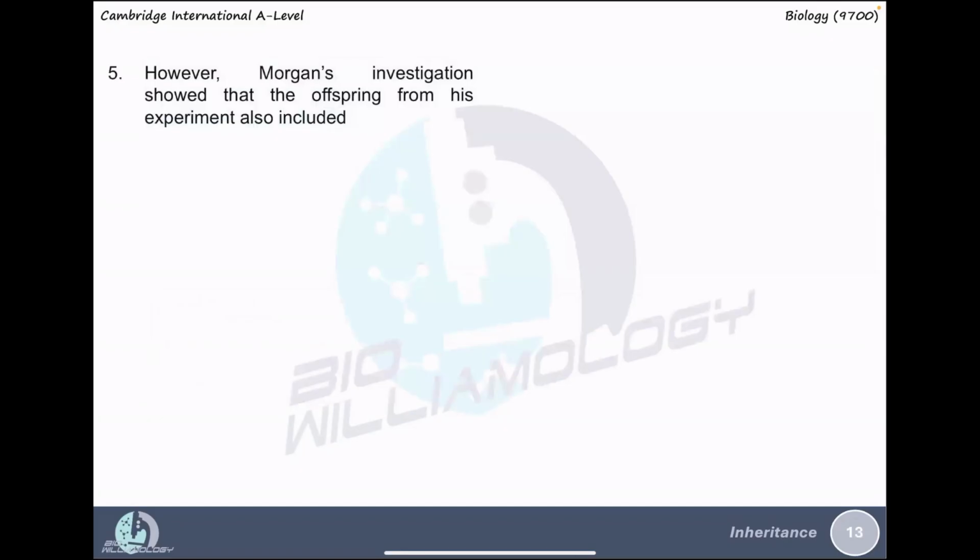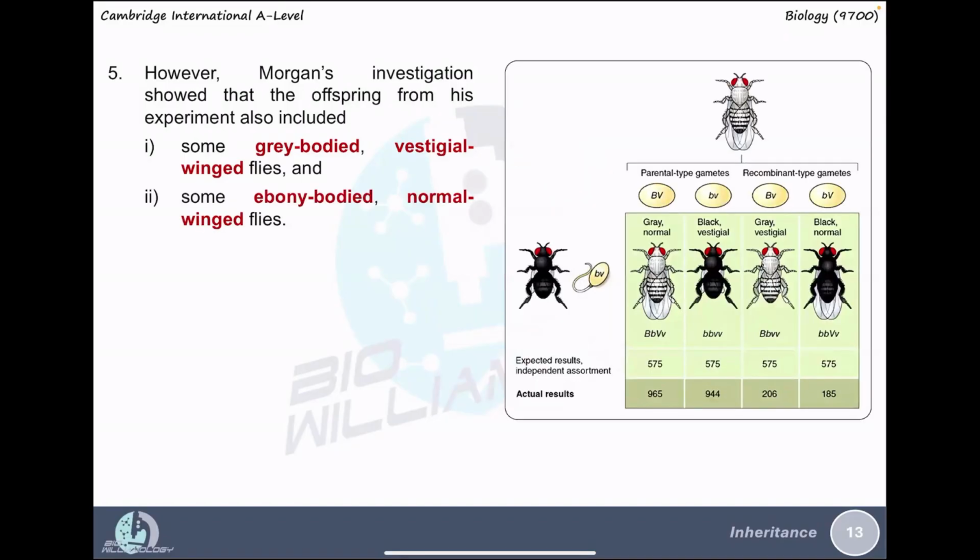However, based on these two predicted results, Morgan carried out an investigation, and Morgan's experiment showed that the offspring also included some gray body, vestigial wing flies. The parental types are gray body, normal wing, but the parental types do not have gray body, vestigial wing. Another phenotype is that some of these flies show ebony body, normal wing.